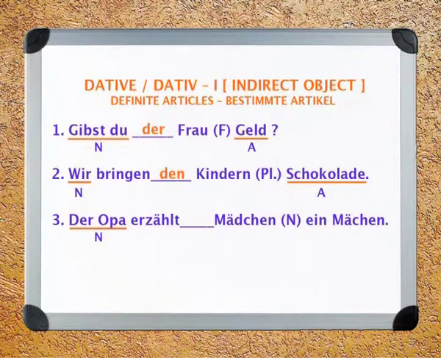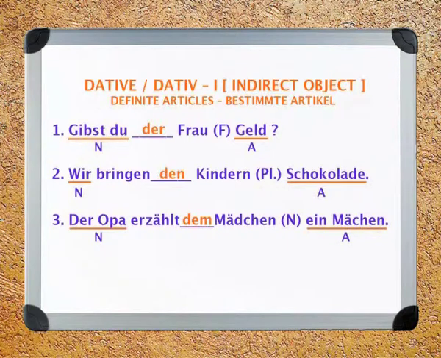Who narrates what, and that what becomes, as you know, the accusative, the direct object, which is ein Märchen, and to whom it is narrated, that person becomes dative, and here that person is Mädchen, which means a young girl. You know the article of Mädchen is das Mädchen, and it therefore belongs to the neuter gender, and das in dative becomes dem.